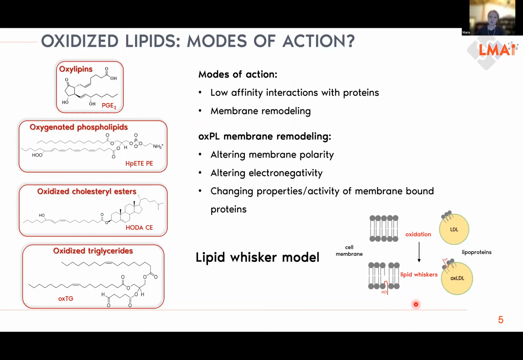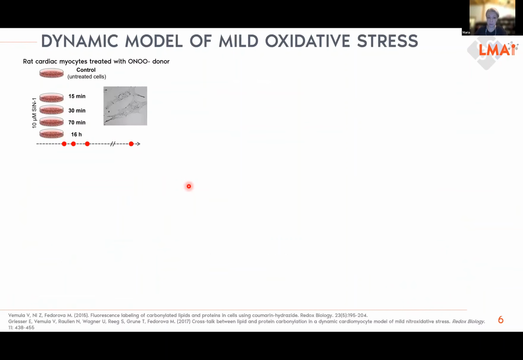So there are different ways these lipids can act, and that is actually one of my main interests in my research: to figure out which lipids are present there, and if we know what is there, we can look into the modes of action in the particular biological system, what is happening.